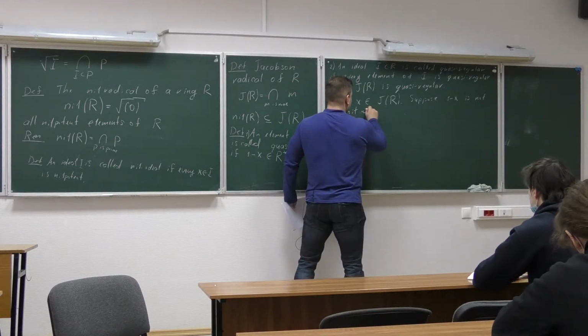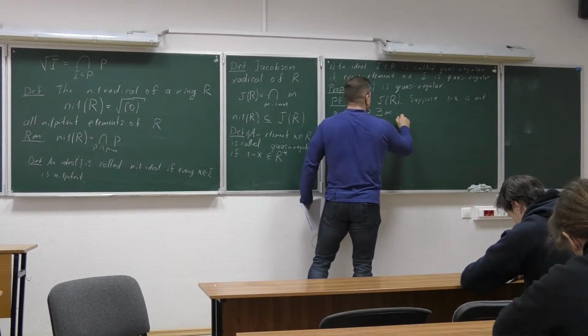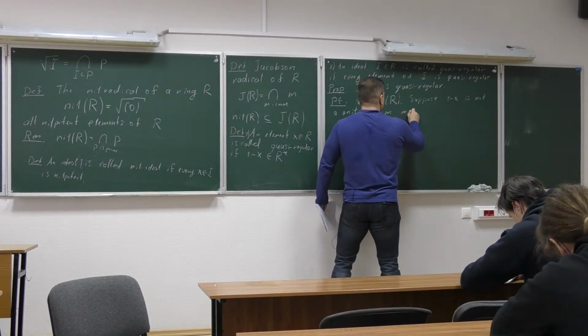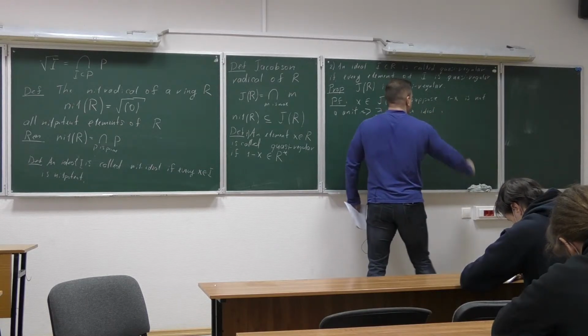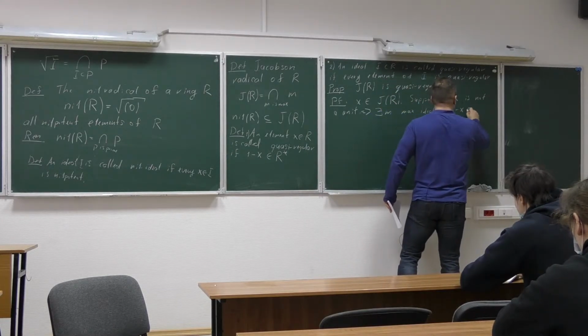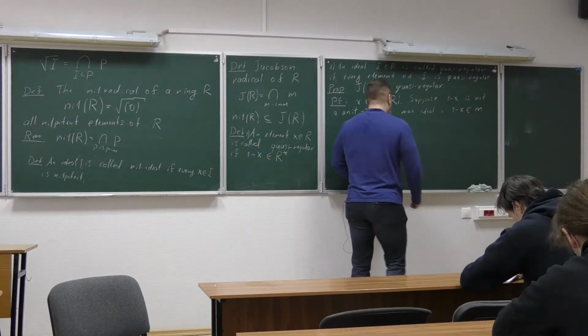So then there is a maximal ideal M such that 1 minus x is an element of this maximal ideal.